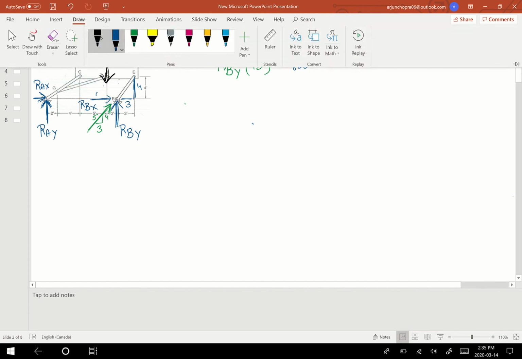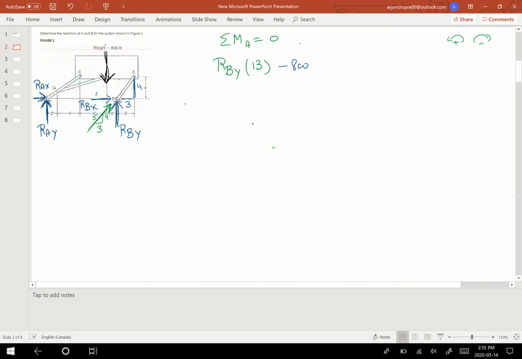So it will be negative 800 times the distance: 5 plus 4 is 9, 9 plus 2 is 11, which is equal to, is there any other force?